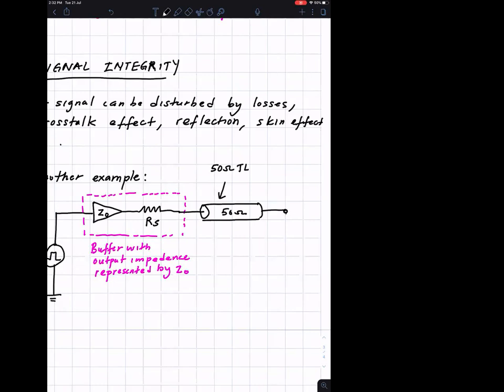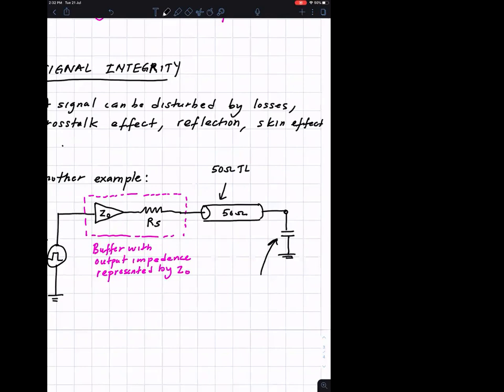And then on the end, you have a load, a capacitive load, a load represented by a capacitor.